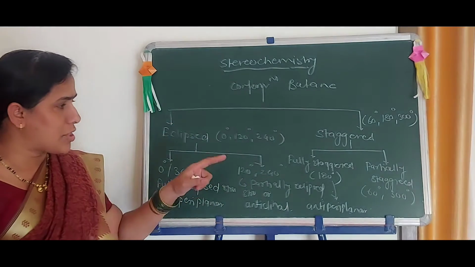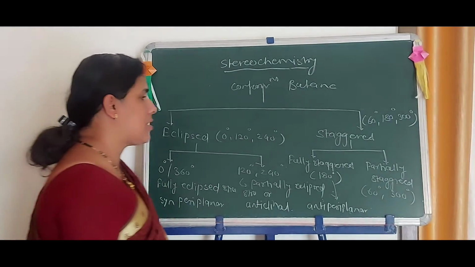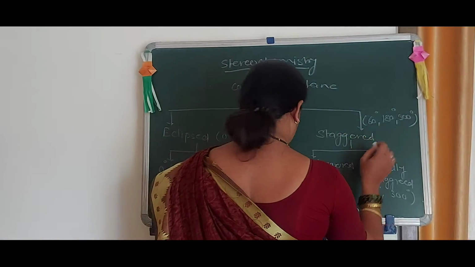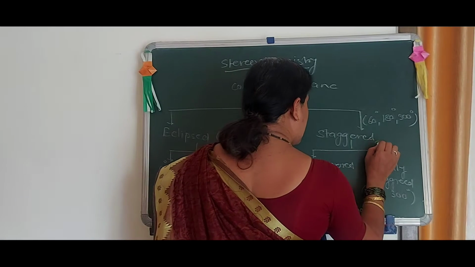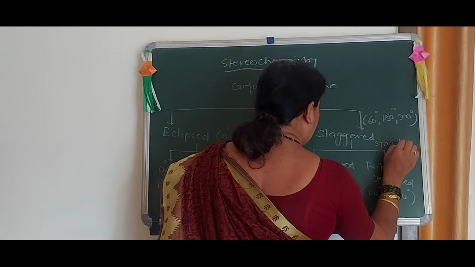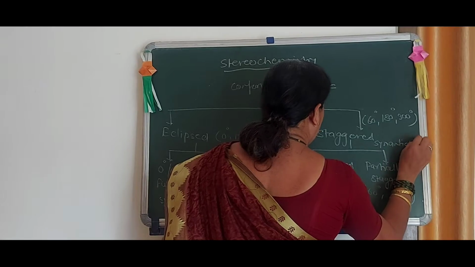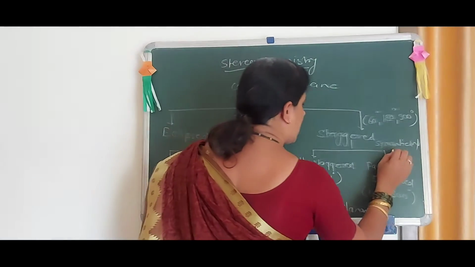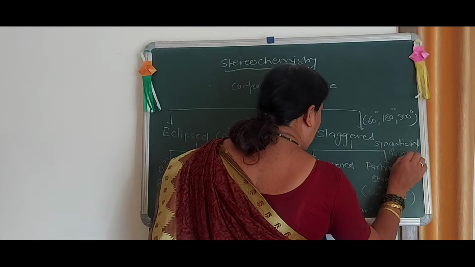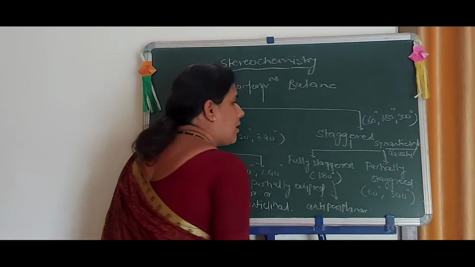And partially staggered, its structure is called syn clinal, or it is also called a gauche.